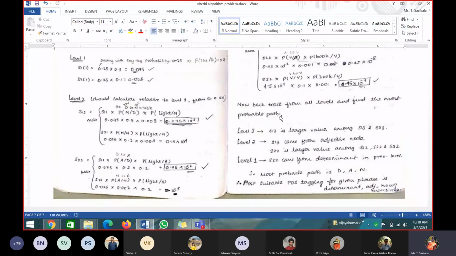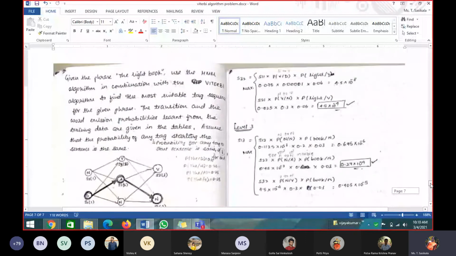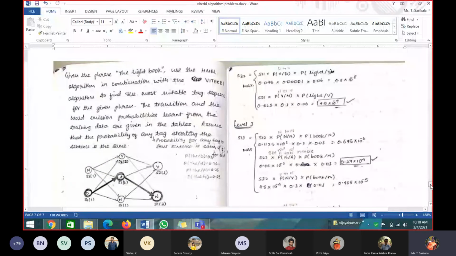Why do we want to do the remaining path? First you have to finish all the things, then backtrack from the last word to the first word. I have told you this to make you understand. Otherwise, with so many levels, you would get confused. So at least from one level, you get an idea that among these three combinations, 'light' is an adjective.